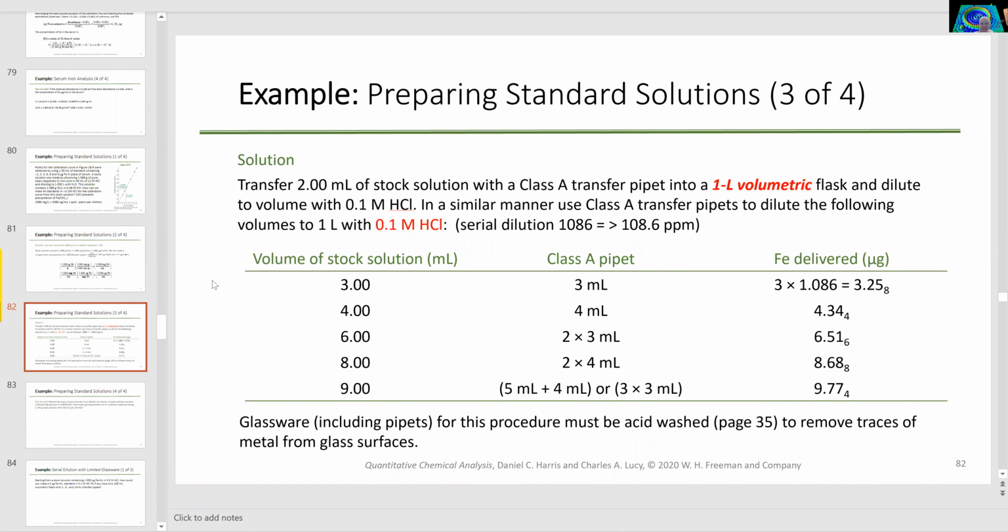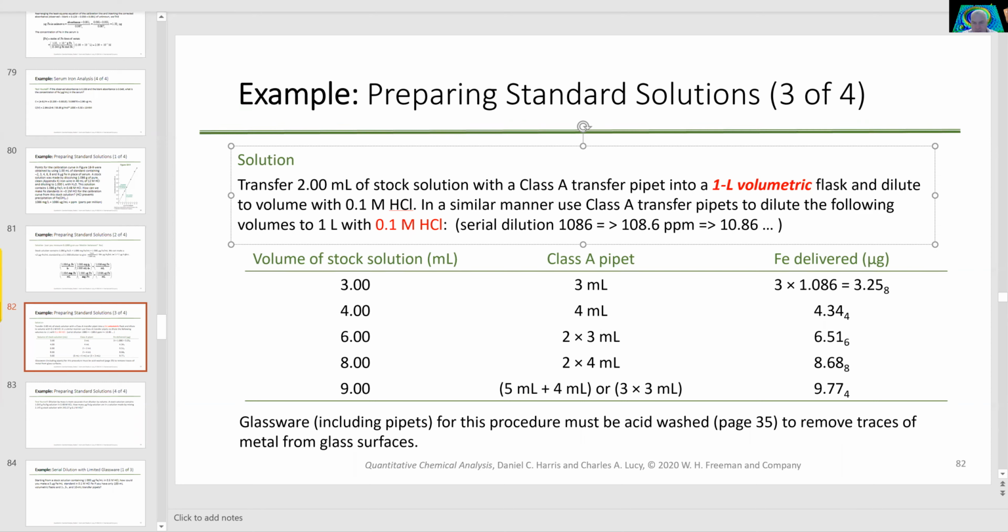Okay. Can you do a serial dilution and then use that to make those samples? So you go down from 108 to 10.8, right? Oh, 10.86, right? Yeah, you can do this. Then how do you go from 10.86 to 3, right?